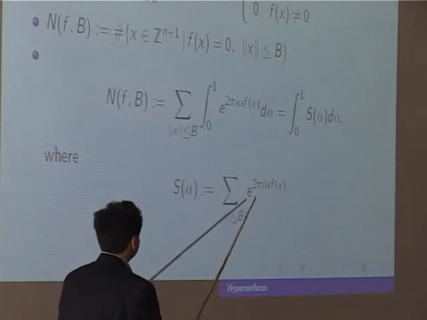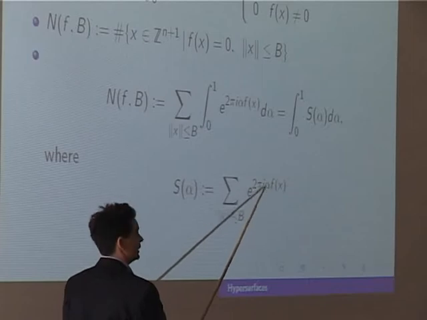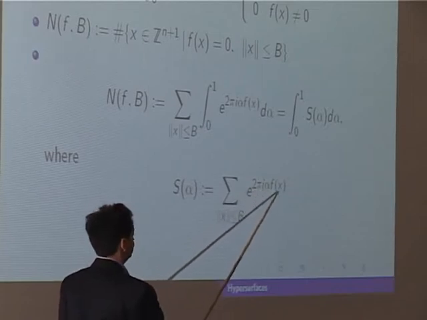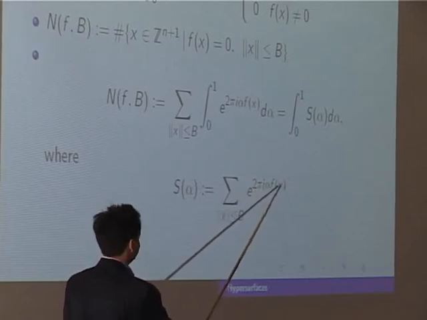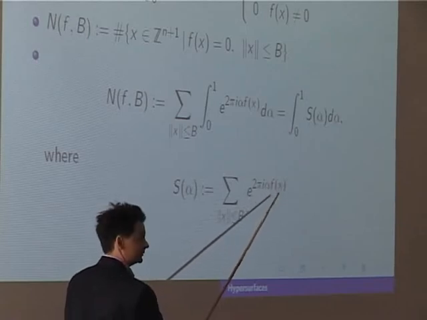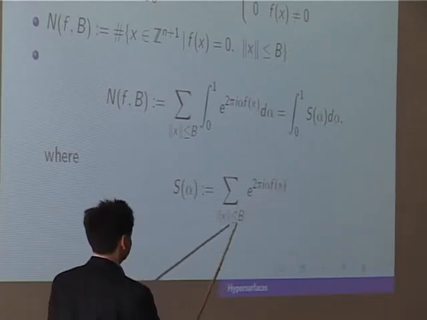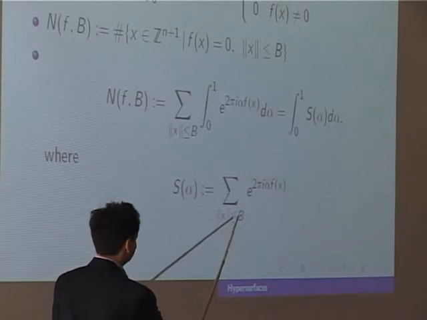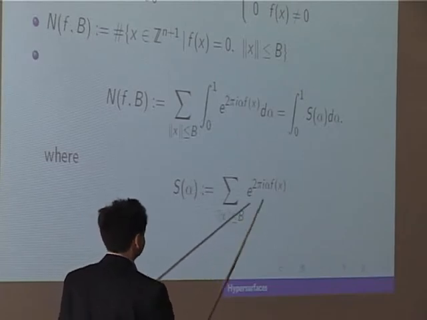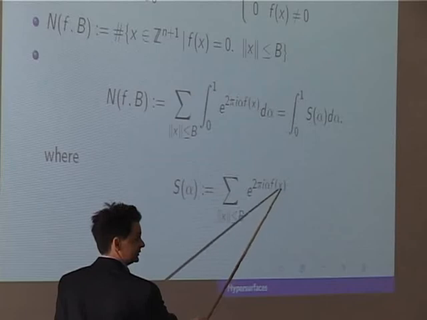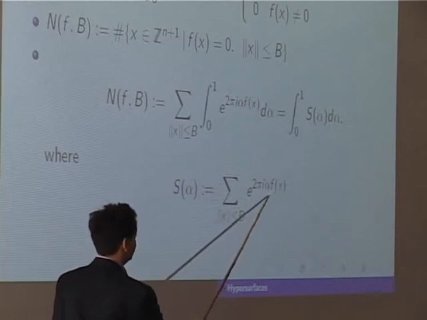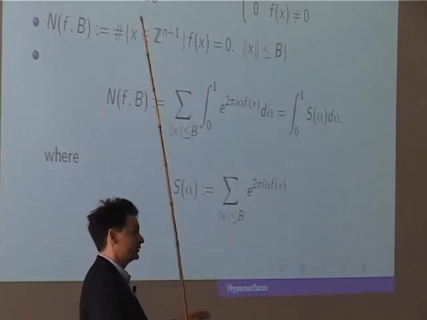But if alpha is like 1/2, then every time f of x is divisible by 2, we're going to get 1. So we're going to get quite a contribution from all the x's with the property that f of x is divisible by 2, and 3 the same. Now you notice what's going to happen.